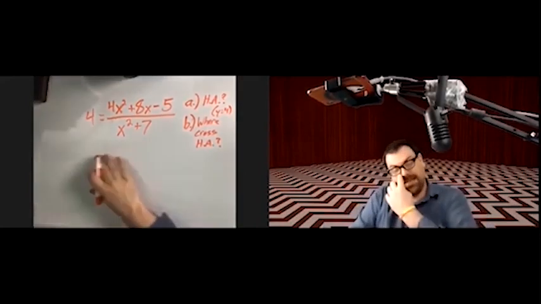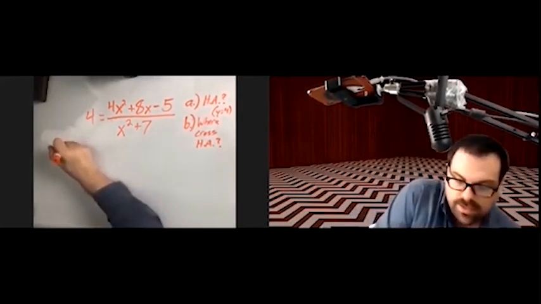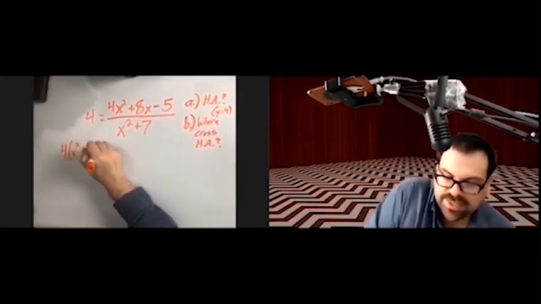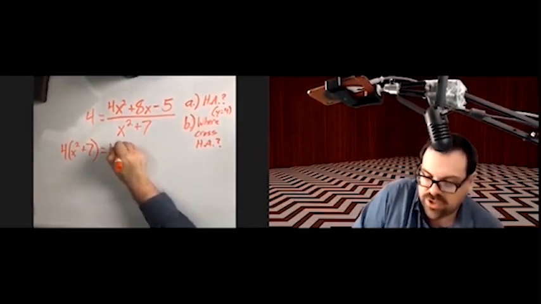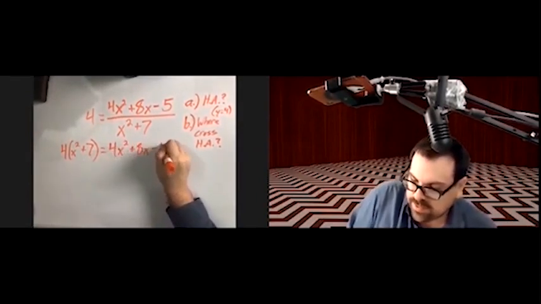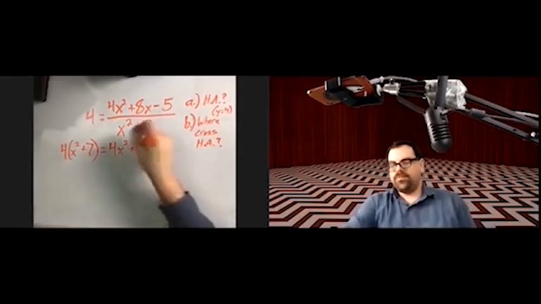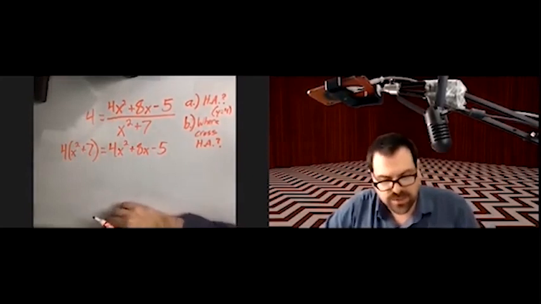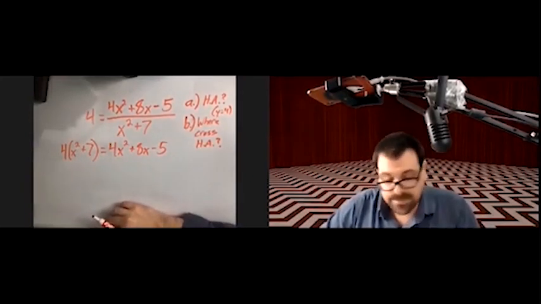Multiplying both sides by the x squared plus 7 gets rid of the fraction on the right. Cancels. We have 4 times the x squared plus 7 on the left.